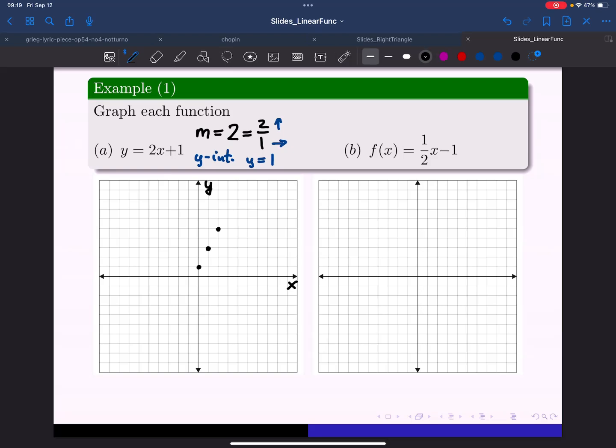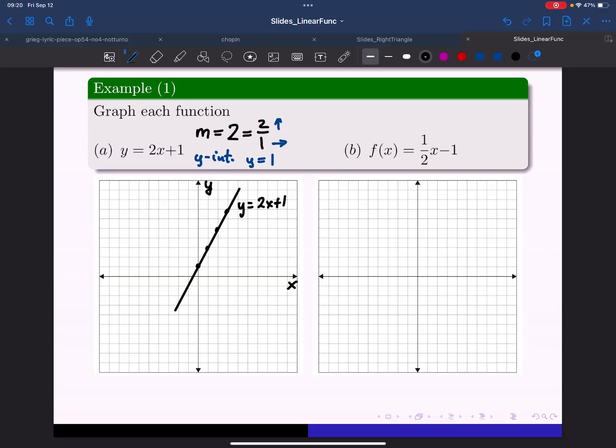And then we can graph the line passing through those points. So this is my line, y is equal to 2x plus 1.